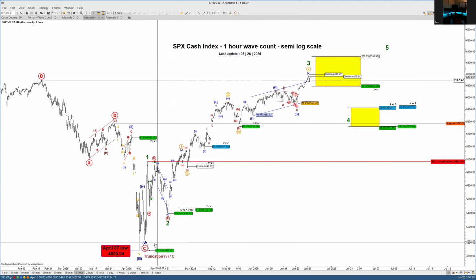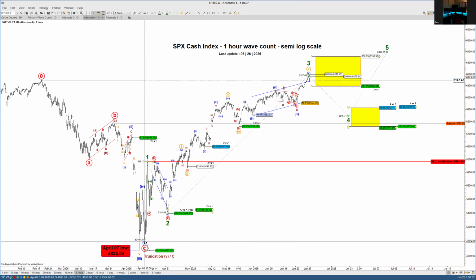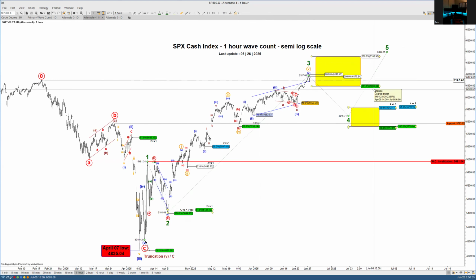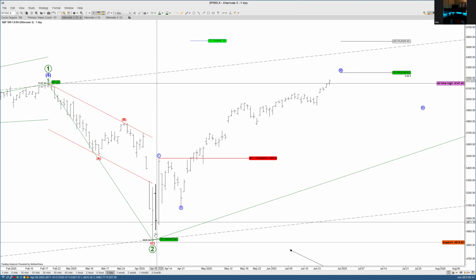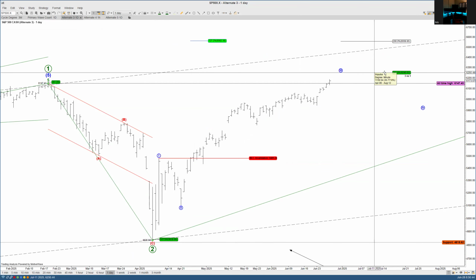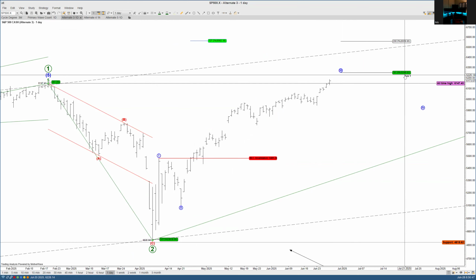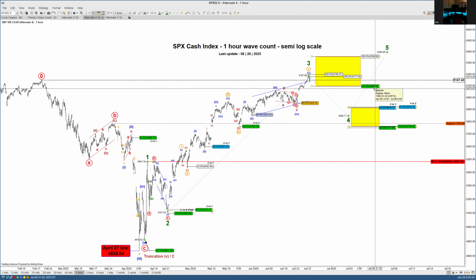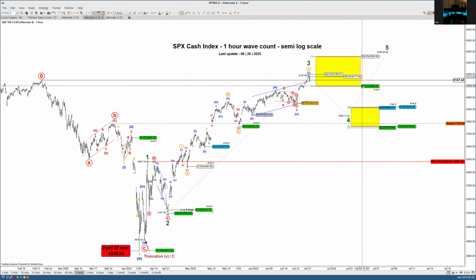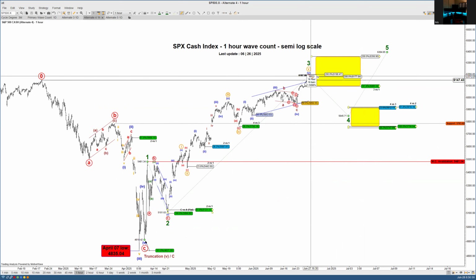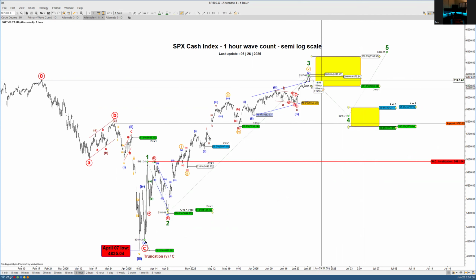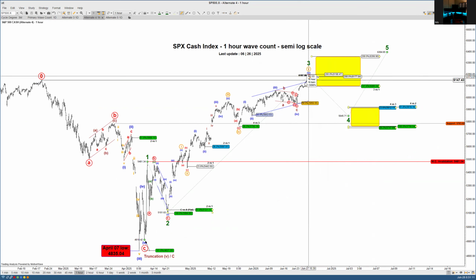Because if we start a wave count from here, wave 3 versus 1 is at 6095. If we start a wave count from this low, this one is 6249. You see the difference? 6250 versus 6195. So when you take this, it's basically giving you the same distance right there. You see 1.5 taken from 6095 to the top.